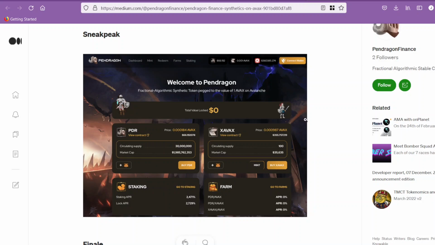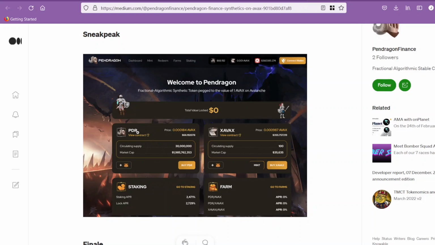Basically, some ways to make money in these projects: you can see that they've got farms and staking. In these farms, they're going to give some options to farm some pairs. The pairs are going to be the PDR coin, and typically you're going to be able to pair it with the synthetic AVAX coin and get a significant APY value.